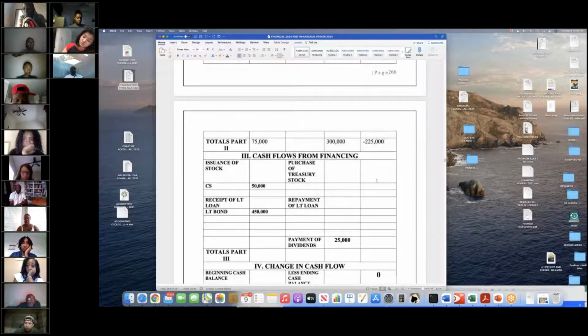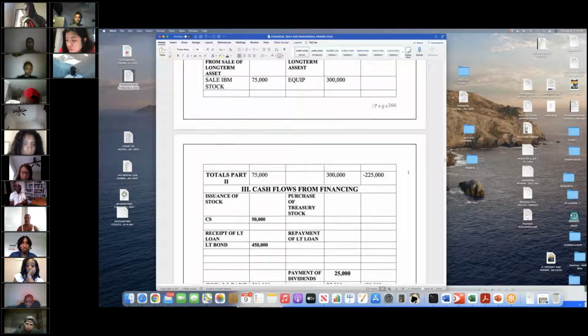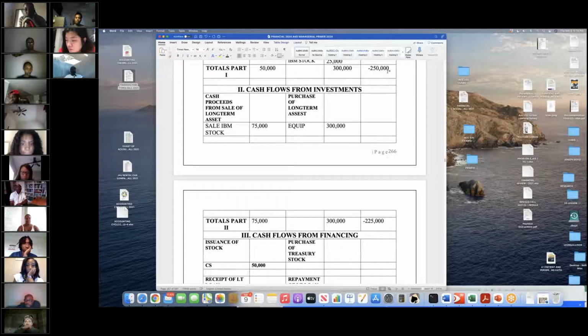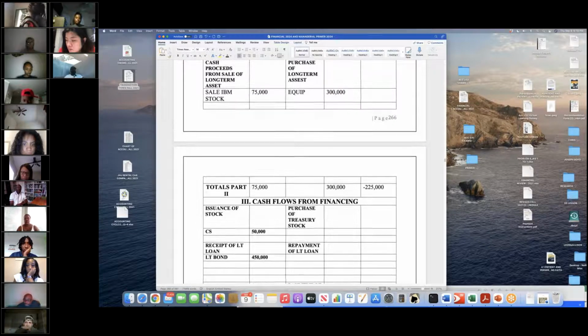Then let's go to the bottom section where our sources in part 3 are what? 500,000. And 25,000 is 475,000. There's a minus 250 plus a minus 225, which equals minus 475. Yeah, minus 475 plus 475 gives you 0.